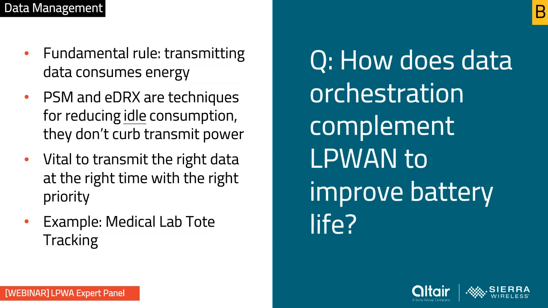So with that explanation, how does this relate to data orchestration? We can imagine a case where this lab tote goes from medical clinic to vehicle, from vehicle across to a different part of the city, and then from there into a hospital or into a research center where it's very deeply embedded into the building.